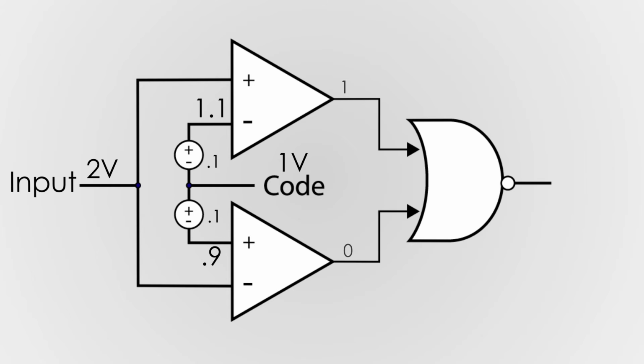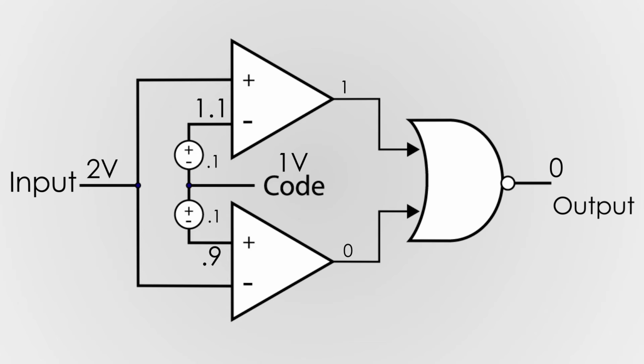The bottom comparator will see that the 2 volts is greater than the 0.9 at the positive terminal, so it'll give a 0. A 1 and a 0 through a NOR gate will produce a 0. This is the case when we give in an incorrect key and the value checker will produce a 0.